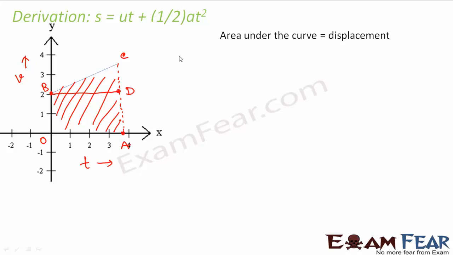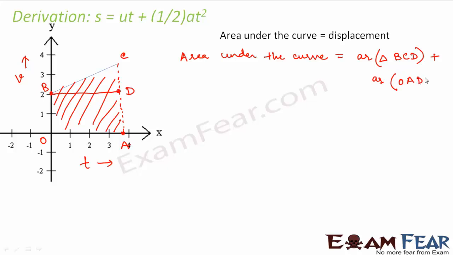Right? So area under the curve will be equal to area of triangle BCD plus area of rectangle OADB, right? So what would be the area of the triangle BCD?